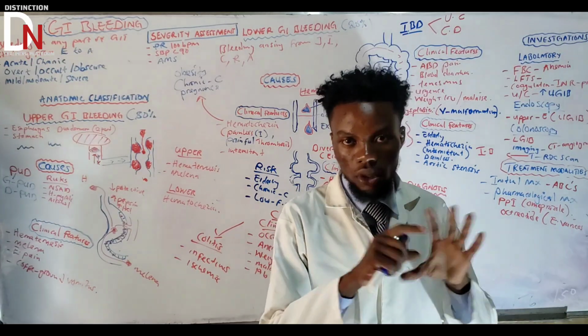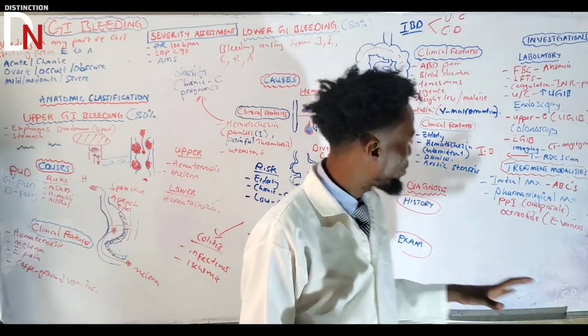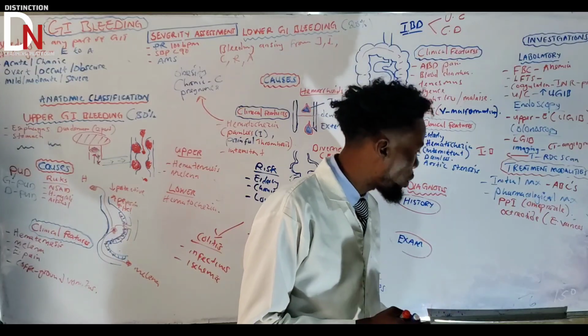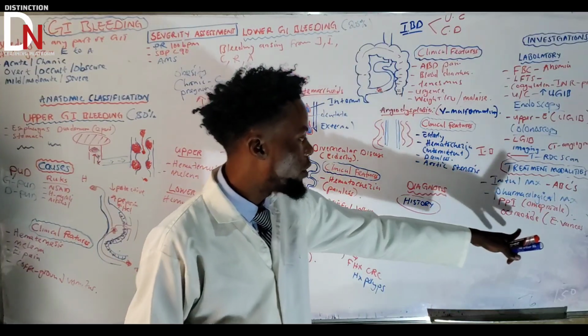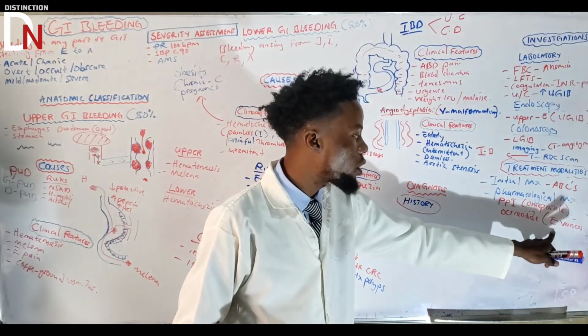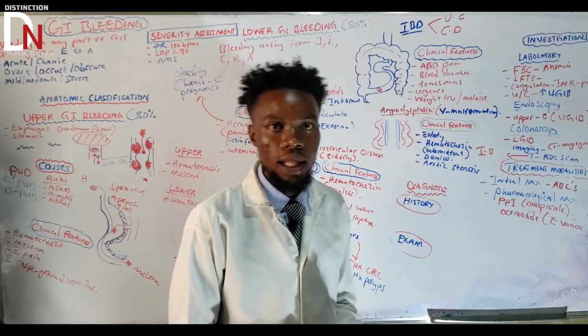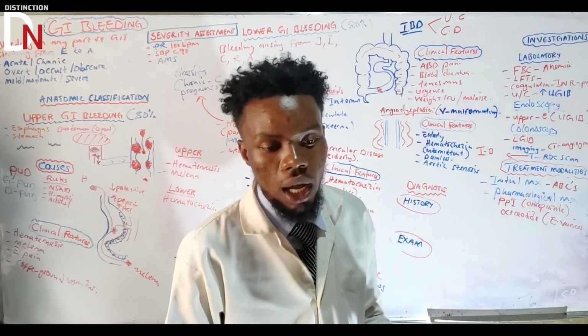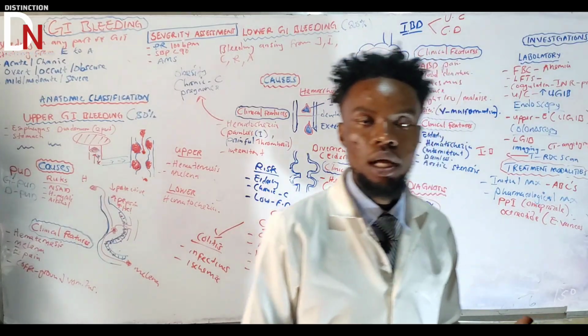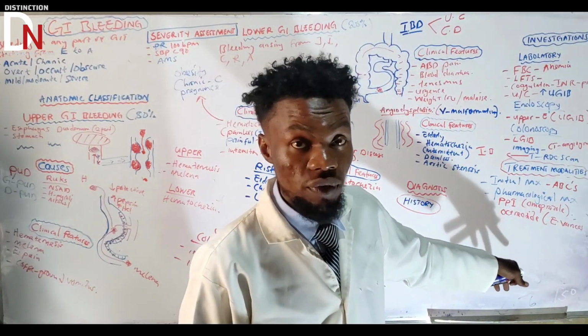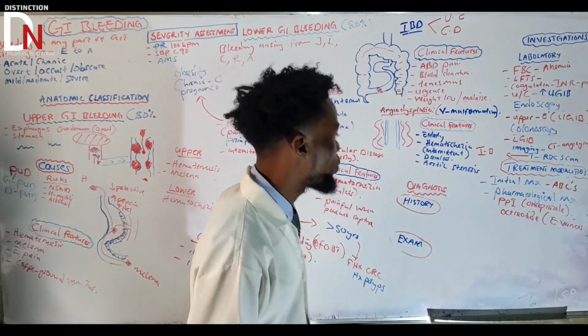So for you to avoid that, according to pharmacological management, give them octreotide. It is important in esophageal varices, although it also has other importance apart from esophageal varices. You need to know about that.